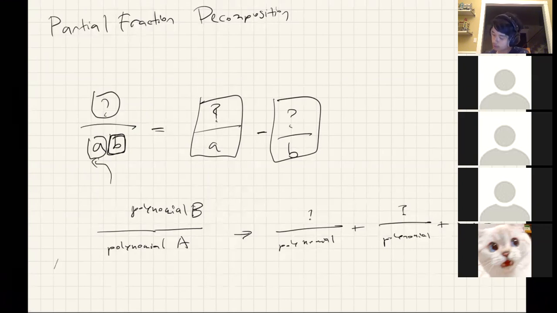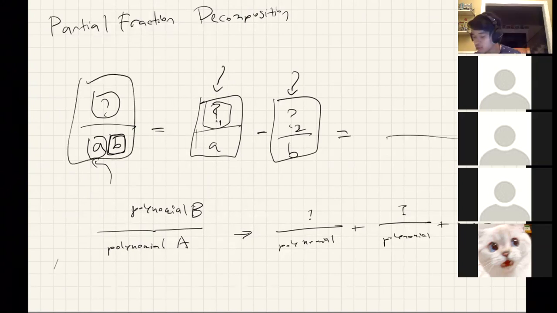So we want a fraction with denominator A and a fraction with denominator B, and we need to decide the two unknowns in the numerators. They don't have to be the same: unknown 1, unknown 2. Once we subtract these, we want to get our original fraction, so we choose them very carefully so that when we subtract the fractions, we get our original fraction.